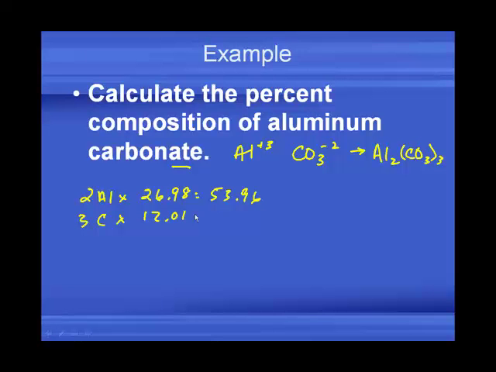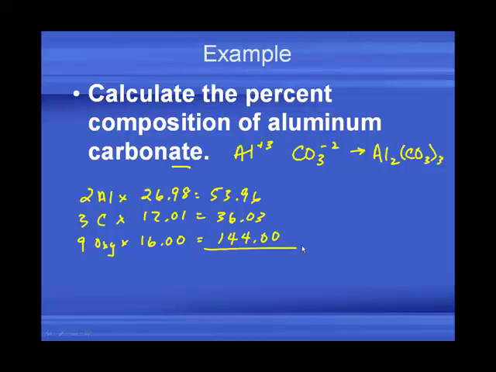Carbon is 12.01 for a total of 36.03. And I have 3 times 3 for 9 oxygens times 16.00 for a total of 144.00 for the mass of the oxygen.